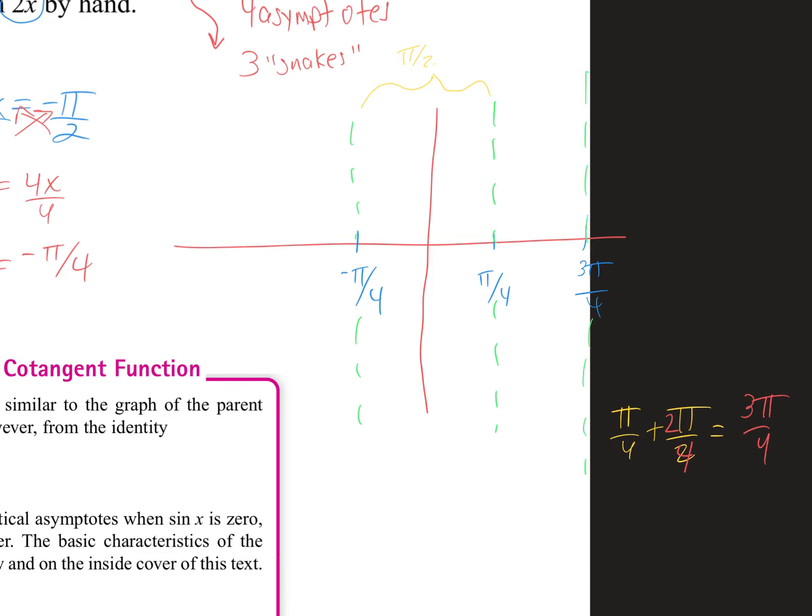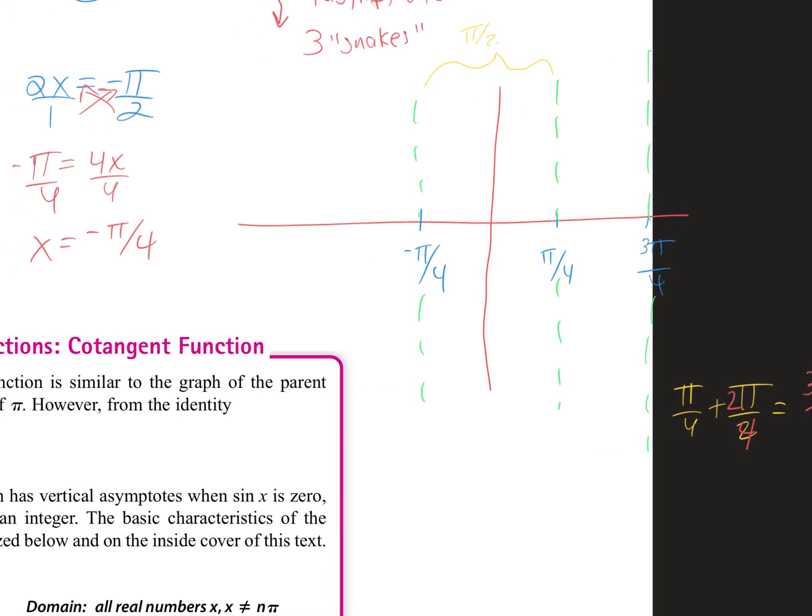And then if I'm going to go the other direction, I have to go left pi over 2. So that would be negative pi over 4 minus 2 pi over 4, which gives me negative 3 pi over 4. Good. Okay, so that's the hard thinking we had to do with tangent. Not bad.